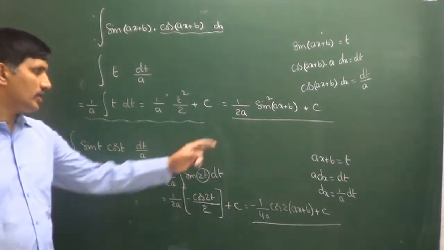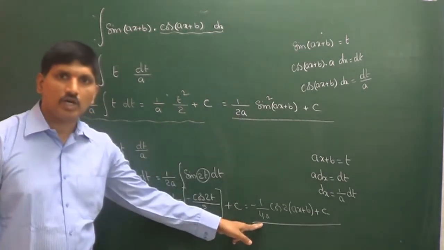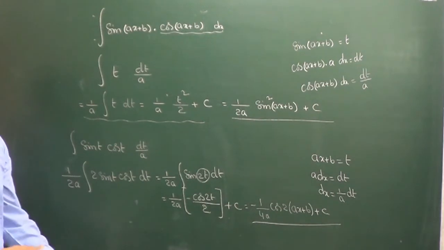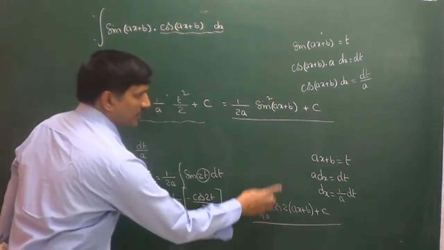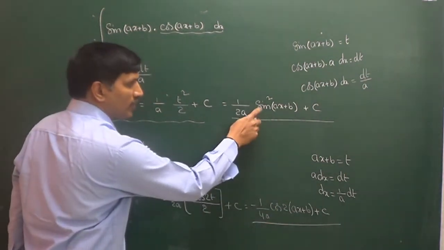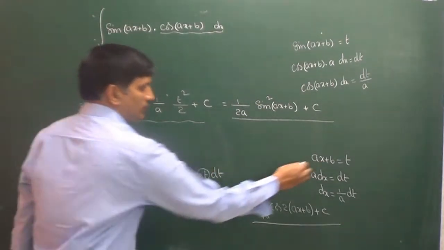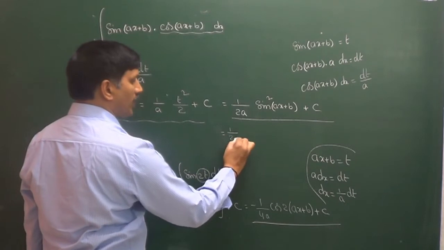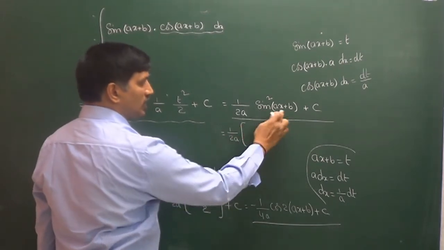Sir, here and here we got different answers. No, both the answers are the same. You can modify this answer like this, or you can modify this answer into this form. Just check how I am doing the modification. That is equal to 1 by 2a into, you know, the sin square theta formula.